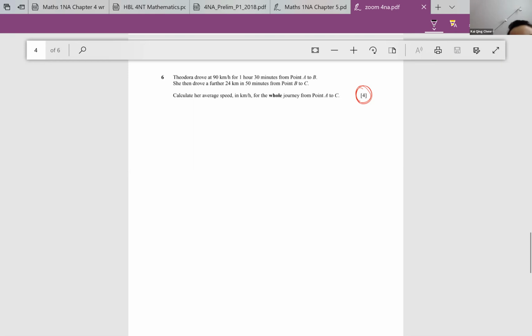Okay, so this person drove for 90 km per hour from point A to B. So I'm just going to put down point A to B and then B to C. I'm very visual, so I always draw out whatever information I have. The first part of the journey, I know the speed is 90 km per hour and it's for 1 hour 30 minutes.